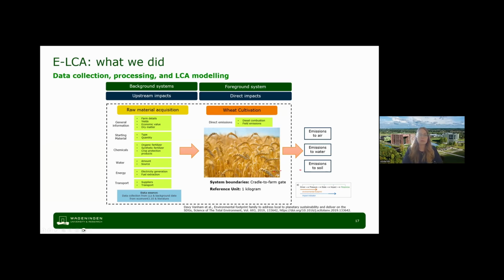We identified all the inputs specific to this farm. So you can think of the fertilizer, the starting material, water use, the diesel use, etc. And it was organic, so no pesticides used here. And then we got all the amounts that they use for the total yield they have in that year.